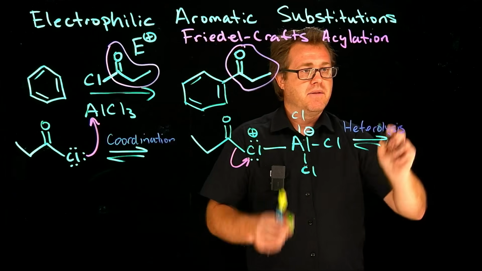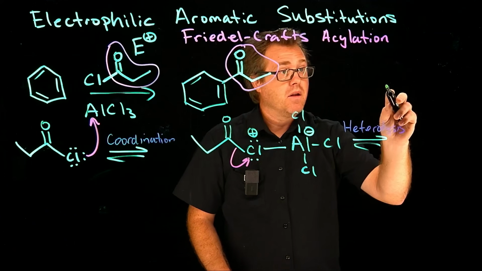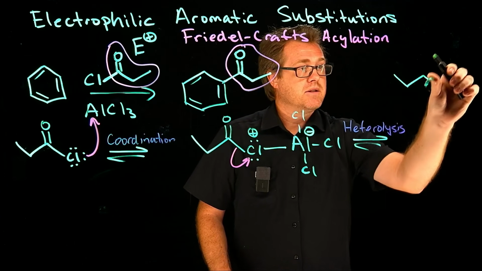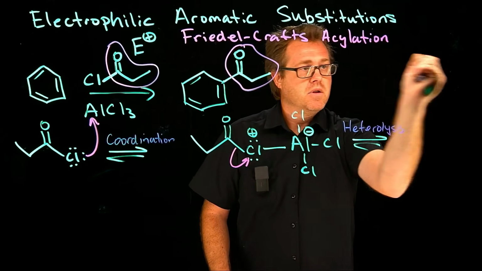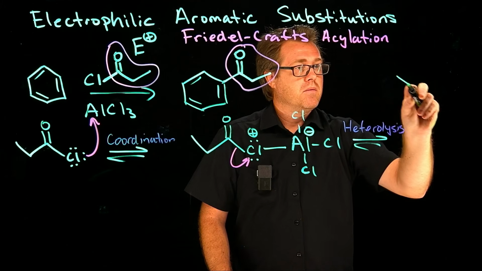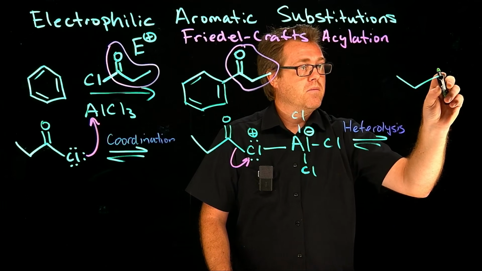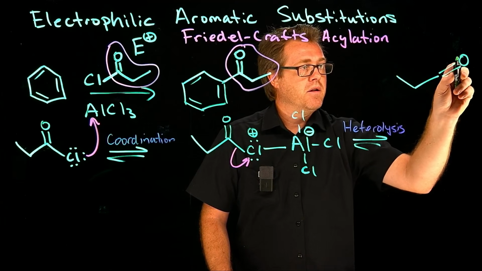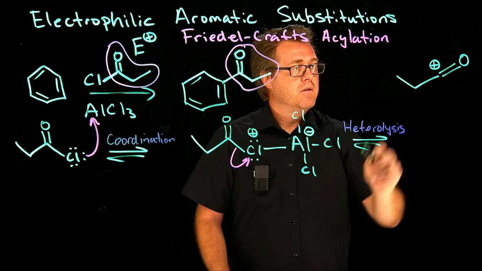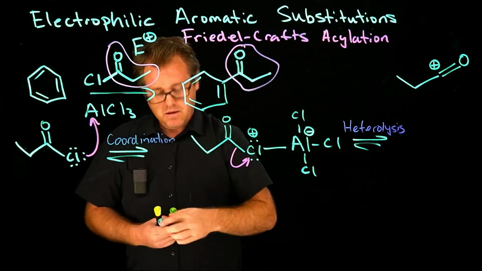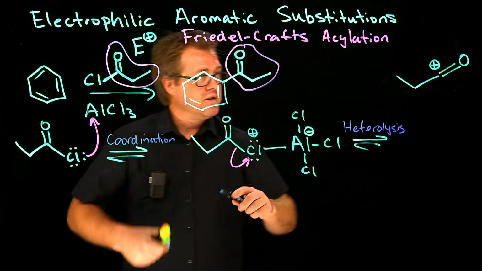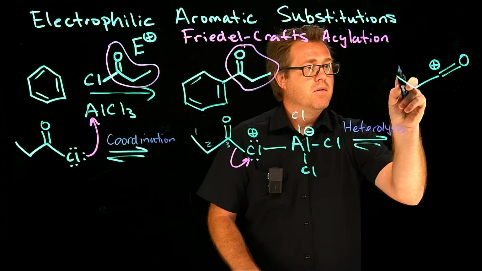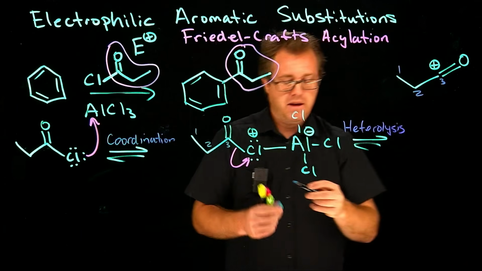So that's going to give us this piece. It's going to look a little weird. If we number these carbons here so you can see it better: 1, 2, 3. 1, 2, and 3. Right there.